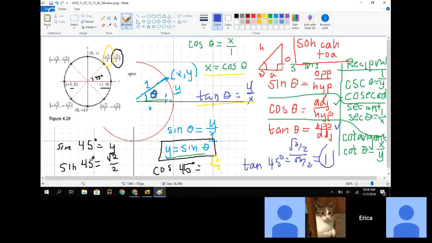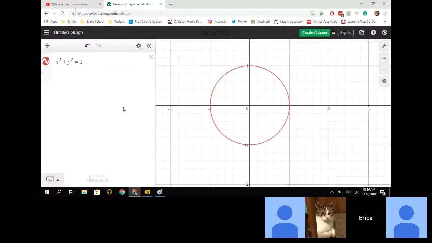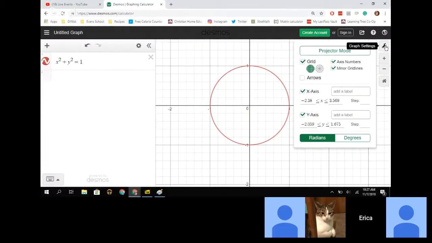So just to prove it full circle, if you're like me, I always like to go to my calculator and make sure that it actually worked. The first thing you're going to want to do is make sure that whichever calculator you use, TI or Desmos, it's always going to have a radian and a degree function. Since I was talking about 45 degrees, I need to switch it to degrees, right?